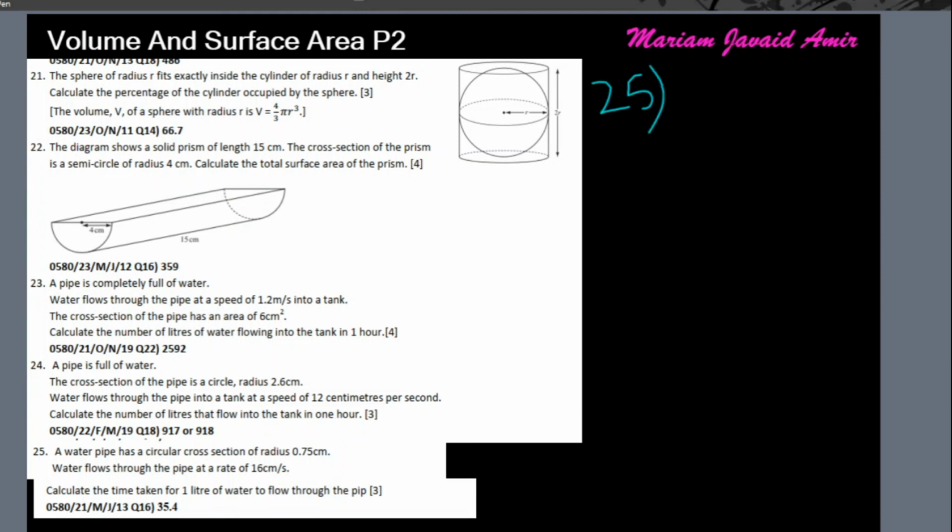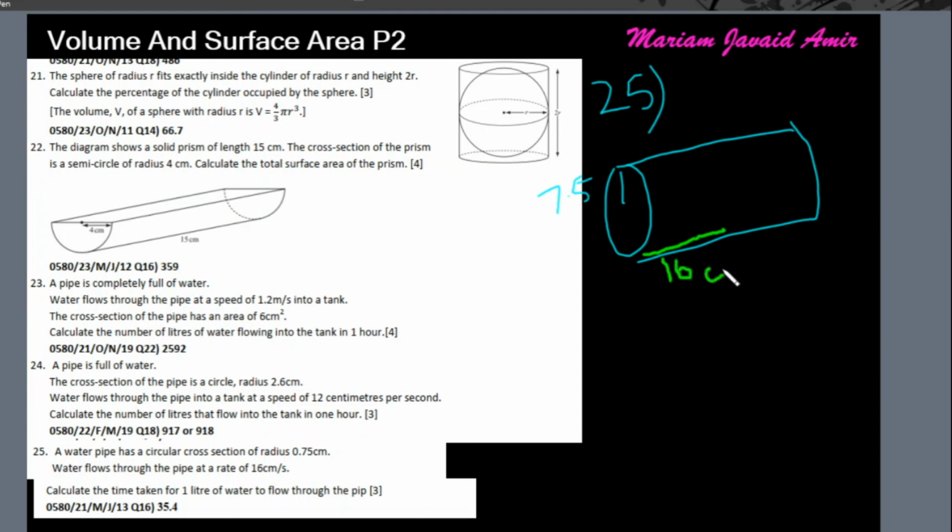Question 25. A water pipe has a circular cross section of radius 7.5. So now the radius is 7.5 centimeters, and water flows through the pipe at the rate of 16 centimeters. So in 1 second, the water is covering a length of 16 centimeters. Right.